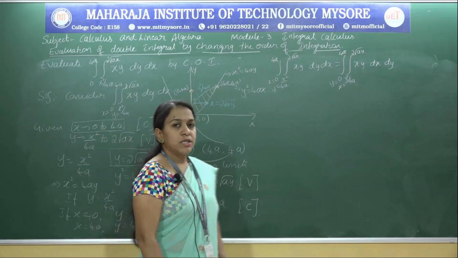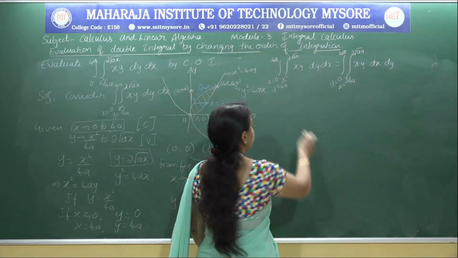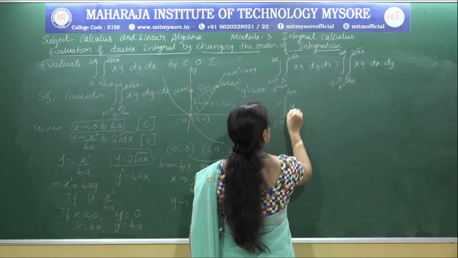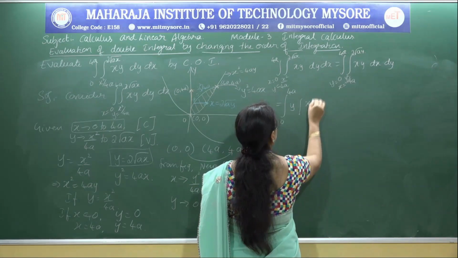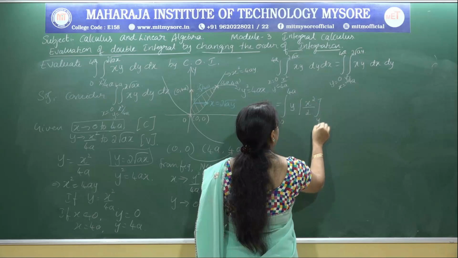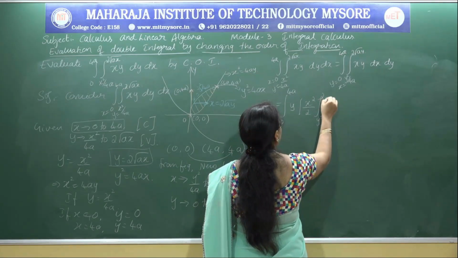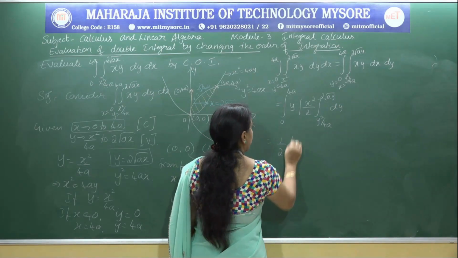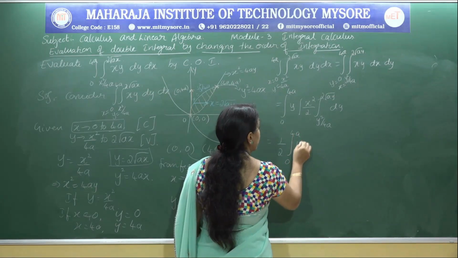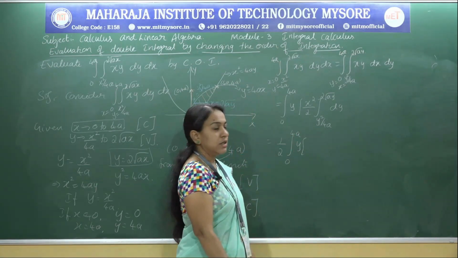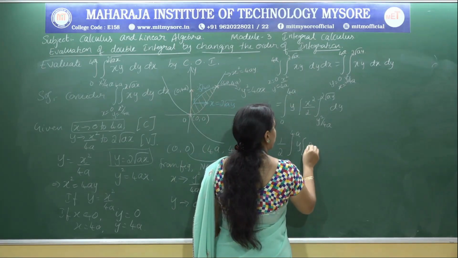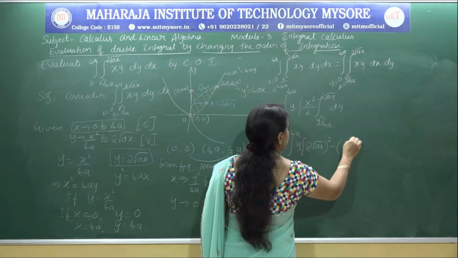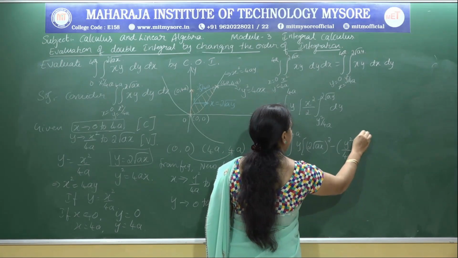Now keeping y constant, integrate first with respect to x, that is integral 0 to 4a, y is considered as constant, integral of x is x square by 2 between the limits y square by 4a to 2 times root of ay, dy. So 1 by 2 common, integral 0 to 4a, y remains as it is, apply the limits: upper limit 2 times root of ay whole square minus lower limit y square by 4a whole square.